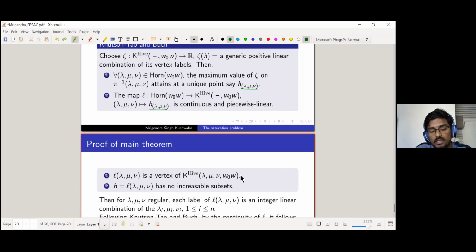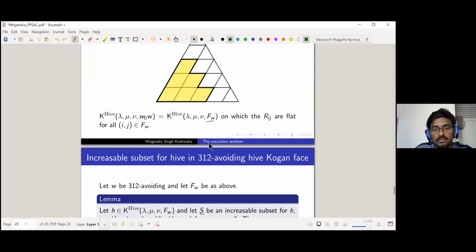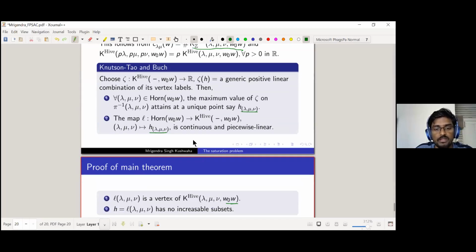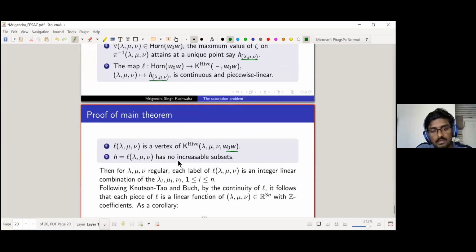That was one condition of the Knutson and Tao proposition, and it will also have no increasable subset because of the particular type of face, as I told you, this has this shape. Because of this shape it has no increasable subset: if it had one, then another hive would belong to the same face, and that would contradict the maximality of xi. So this hive doesn't have an increasable subset.